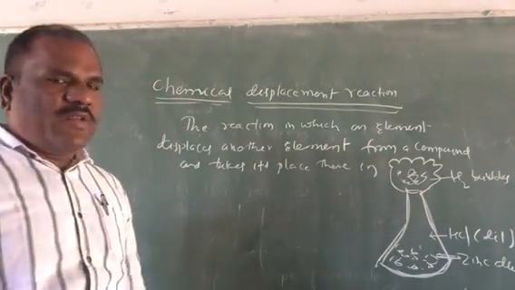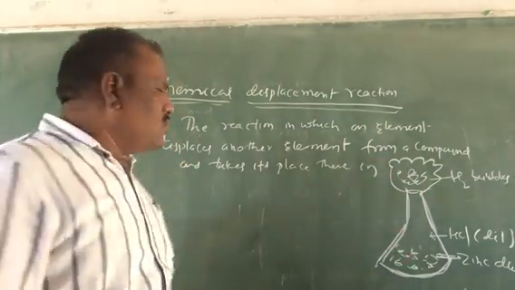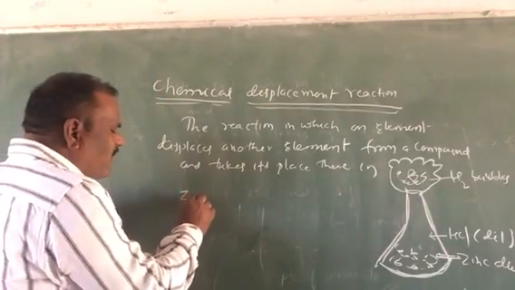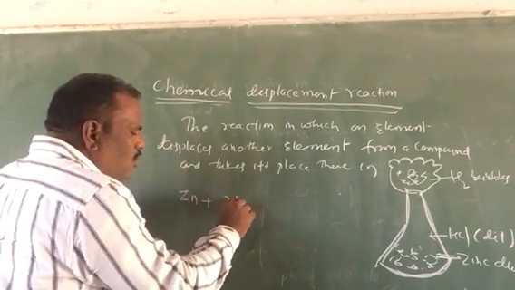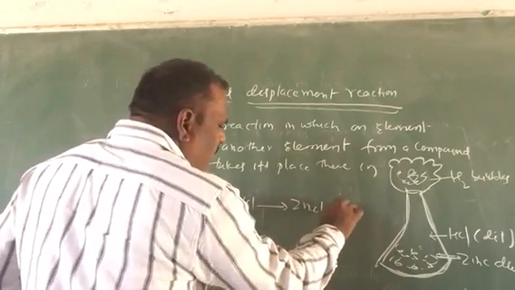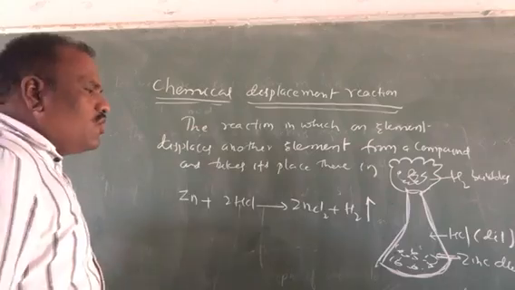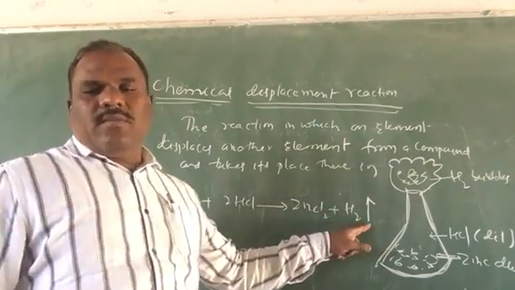I can write this in the form of an equation: Zn + 2HCl gives ZnCl2 + H2. Gas is always shown with an up arrow mark.